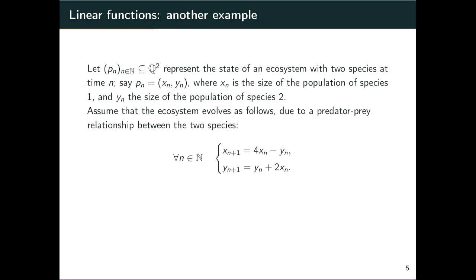And so we're going to define this implicit relation between xn's and yn's. So for all n in N, xn plus 1 is going to be 4 times xn minus yn. And then yn plus 1 is going to be yn plus 2xn.